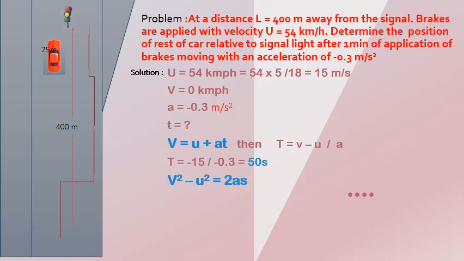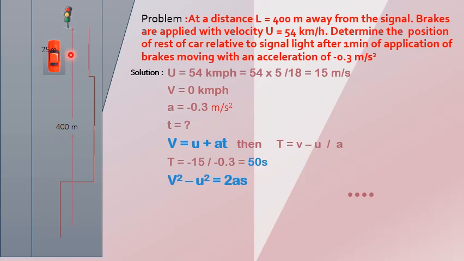Then what we have to calculate now is the distance between the car and the signal point. The car stops there. So we have to calculate the distance traveled by the car from its initial position to the final position.